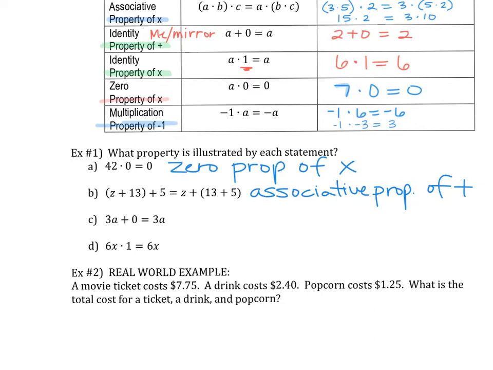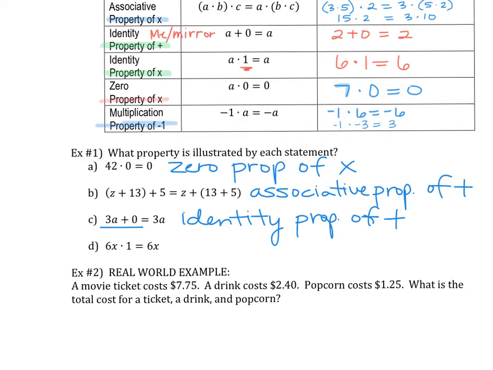All right, C, we started at 3A. We added 0 to it, and it stayed 3A. Which property? Identity. The identity of that 3A did not change. It was still 3A when we were done with the problem. So it's identity of what? Identity property, and you may just write prop, that's fine, of addition, and a plus sign is fine as well.